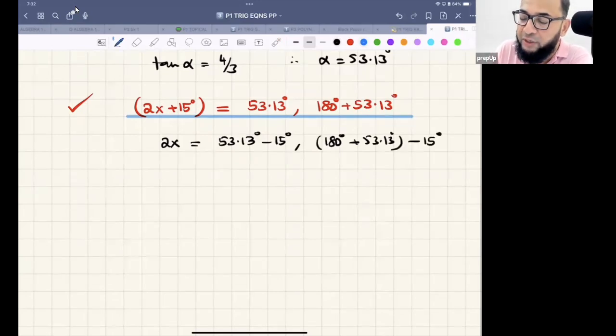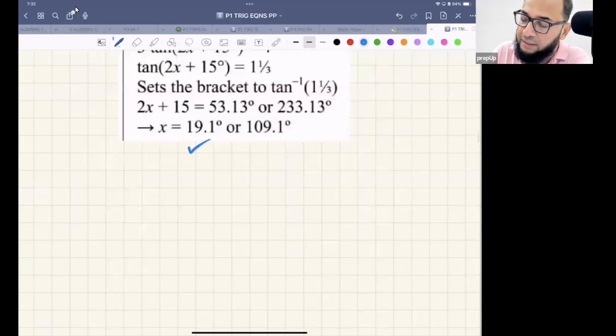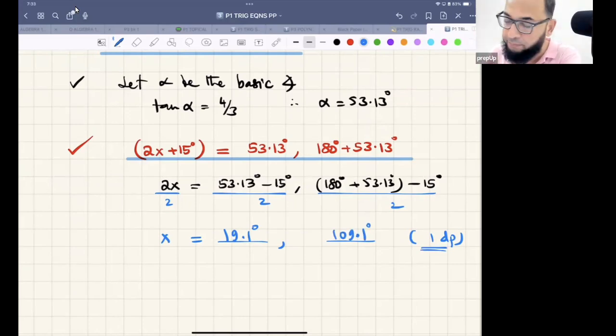And then we will divide by 2, divide by 2, divide by 2. Now we will use the calculator and write the final answer correct to 1 dp. That's 19.1 and 109.1. So this is 19.1 degrees, 109.1 degrees. This is correct to 1 decimal place.